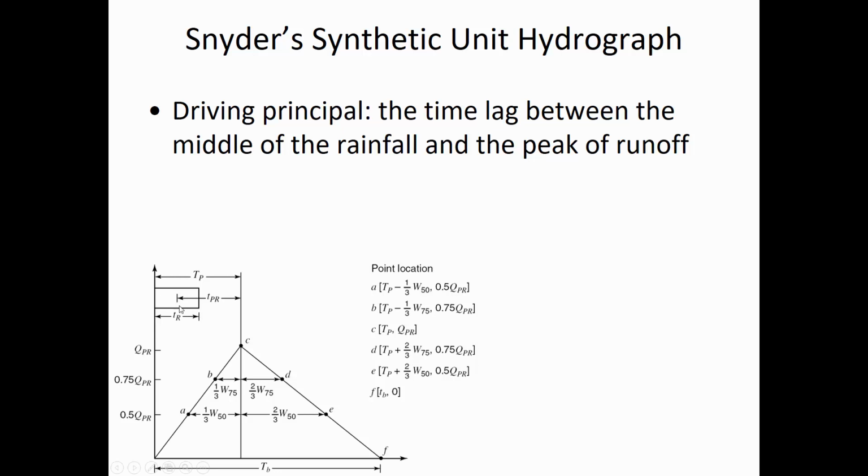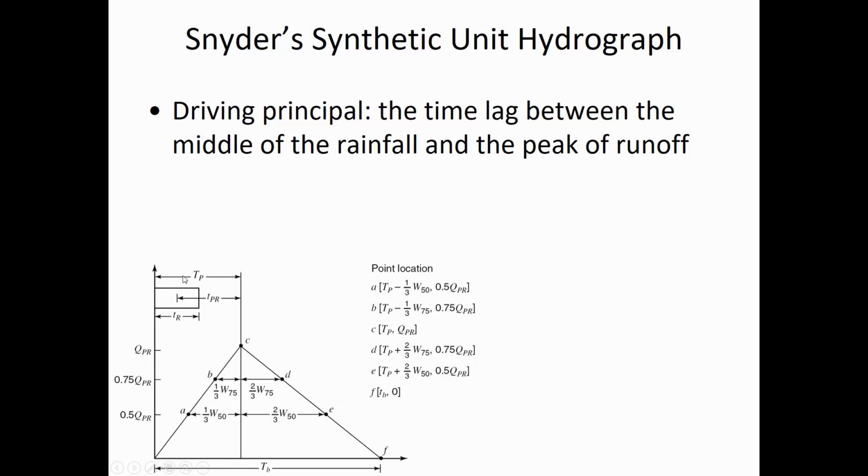The T sub R in this example was for a 1 hour storm duration. And the last thing we want to calculate is this T sub P. How long is it from when the storm begins until the peak is observed? So capital T sub P.